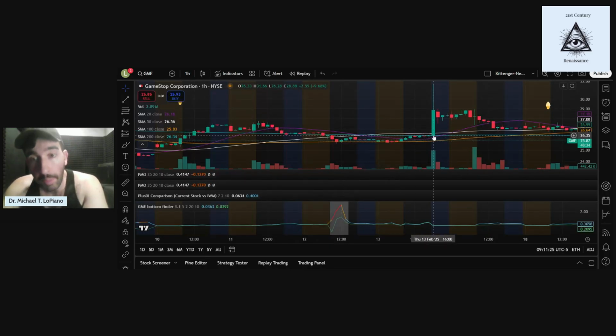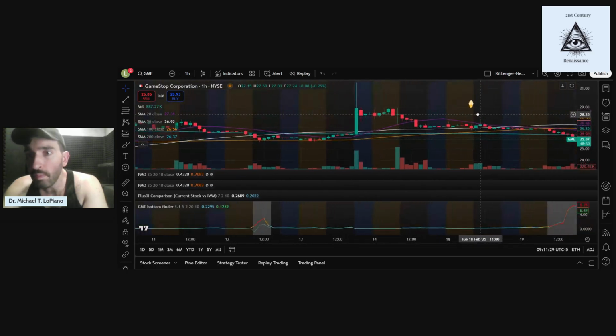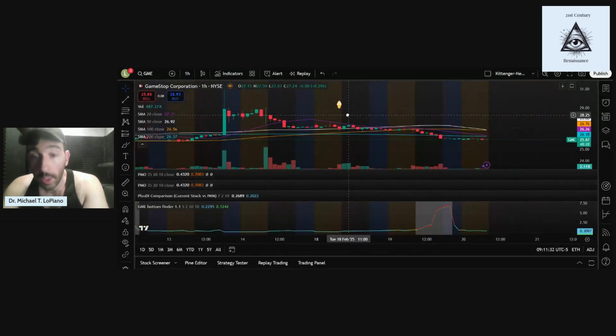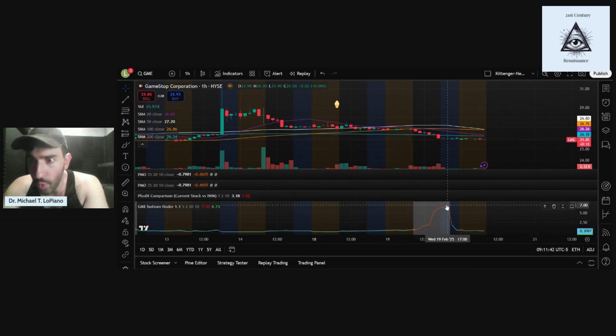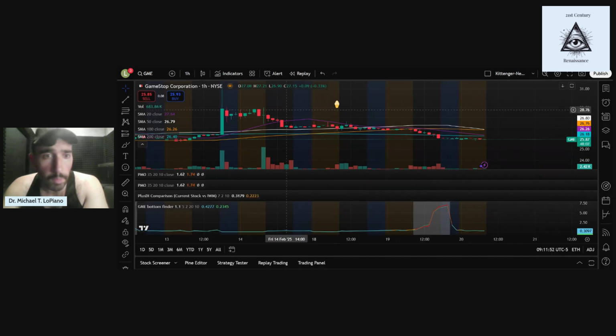Then we started to move up, of course, that day, and then we had that big candle after hours. As we look at things today, right, the indicator is pretty flat, and then yesterday it started to move pre-market, and then we got a really strong bottom signal, like really strong relative to this chart, heading into the close yesterday.